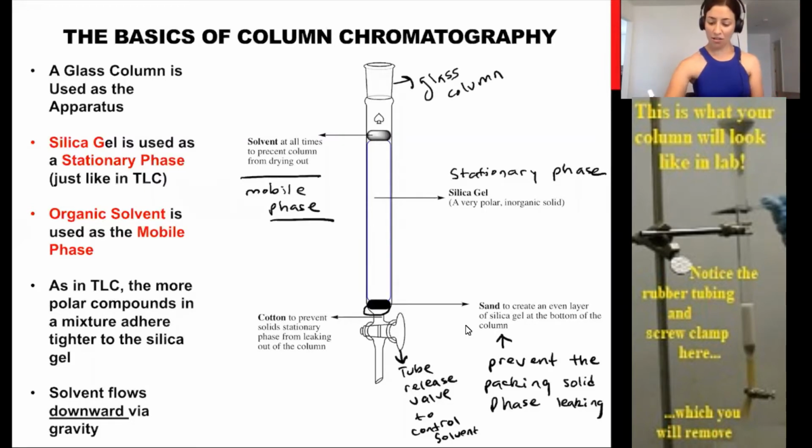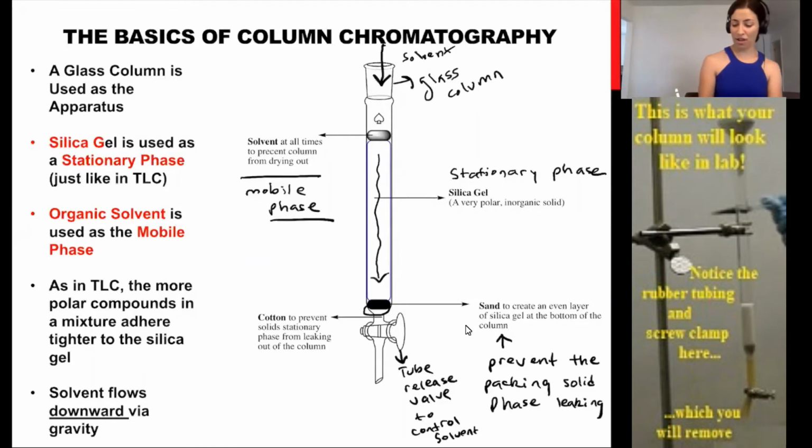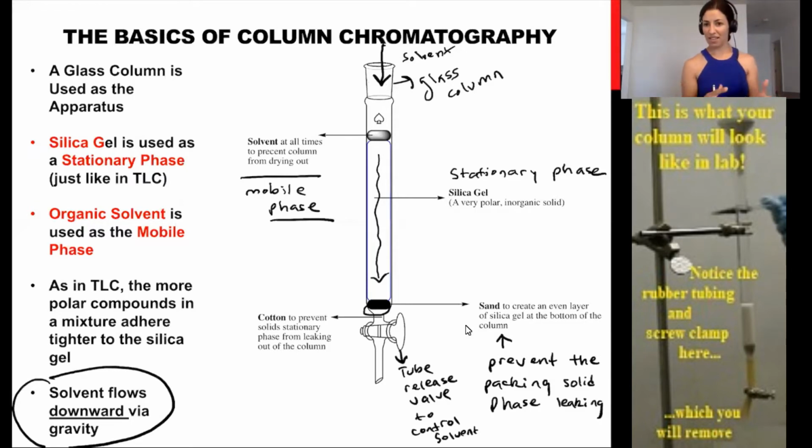In the column, we're going to be adding solvent through the top, and the solvent mobile phase will travel through this silica gel column via gravity or with the help of a little forced air, moving the molecules downward. So this is the big difference between a TLC plate and a packed column.